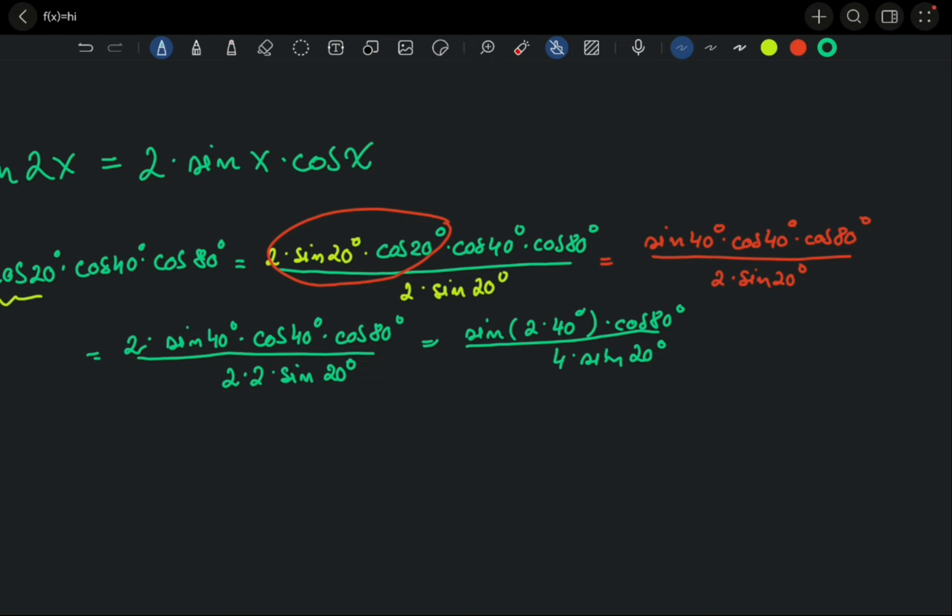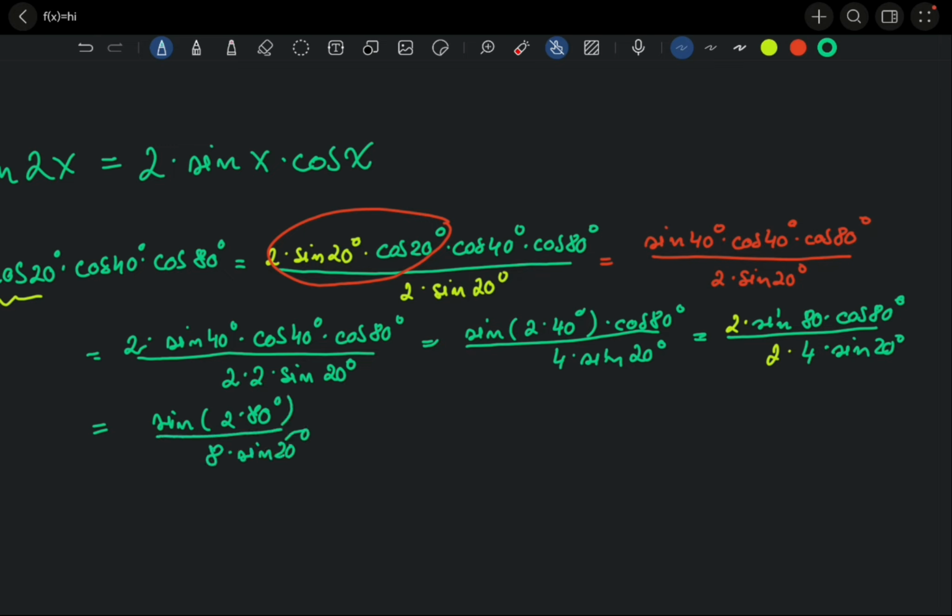And by doing the exact same thing all over again, we get 2 times sine of 80 times cosine of 80 degrees all over 2 times 4 times sine of 20 degrees, which will be equal to sine of 2 times 80 degrees all over 8 times sine of 20 degrees.